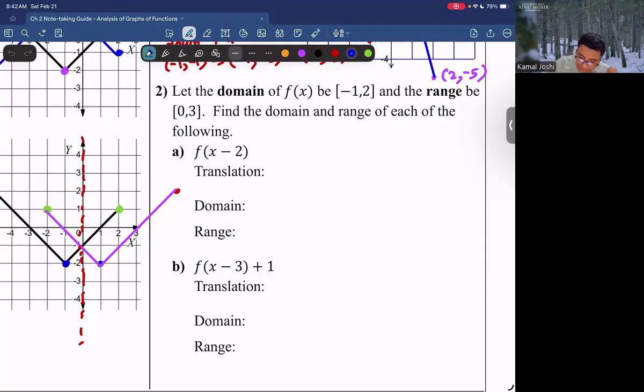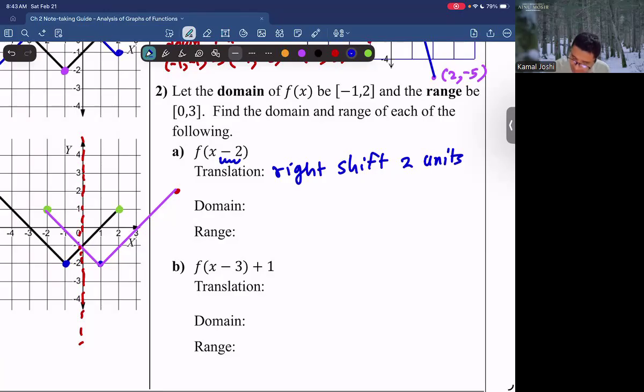So here the new function is f(x - 2). The input has been modified, so there is a horizontal action, right? And we remember in horizontal, subtracting will actually take you to the right. So the translation here is a right shift of 2 units.